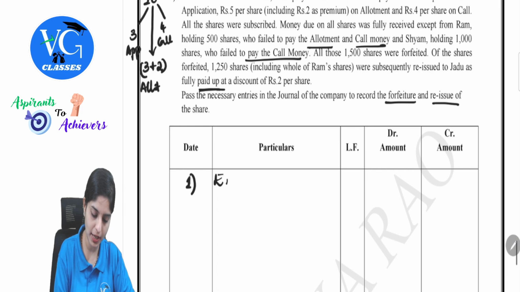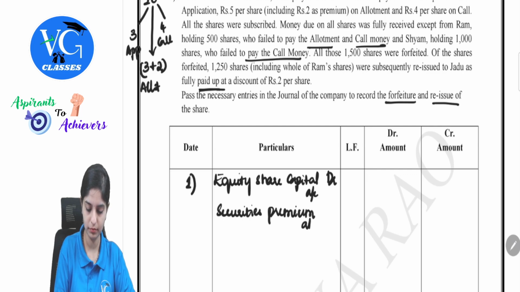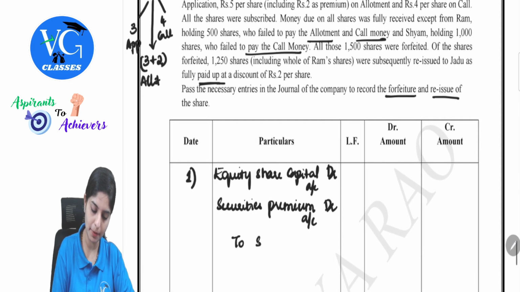So, equity share capital account debit, securities premium account debit, 2. Cancellation is happening for allotment money and call money.